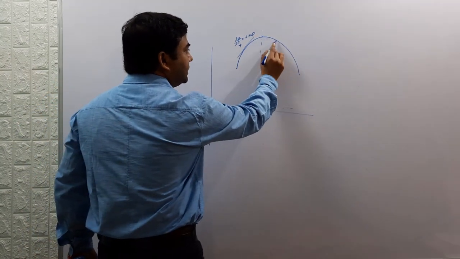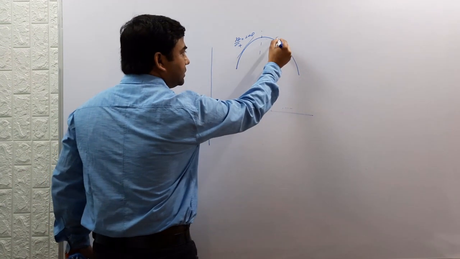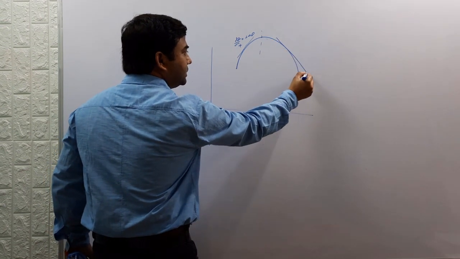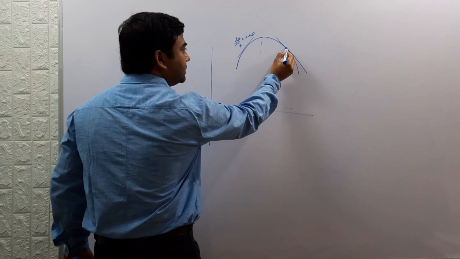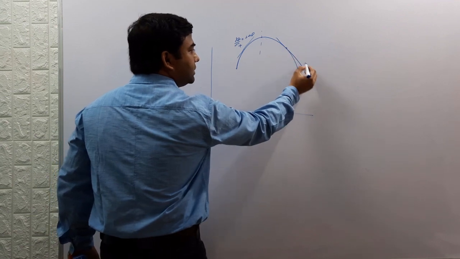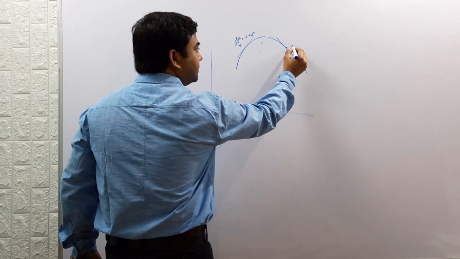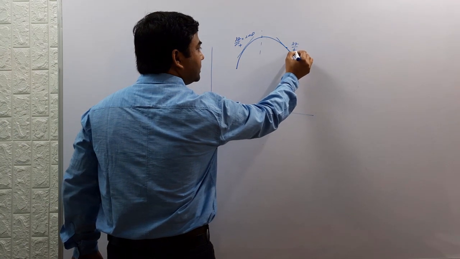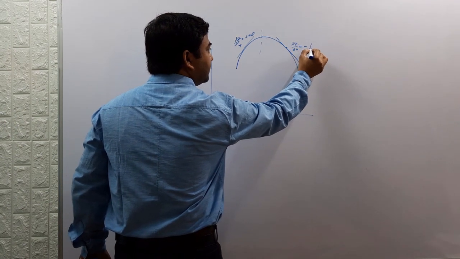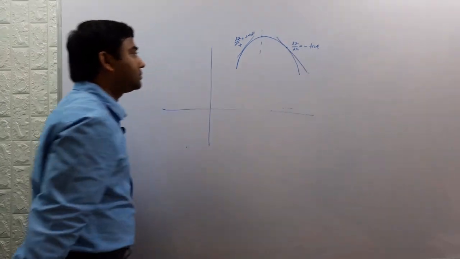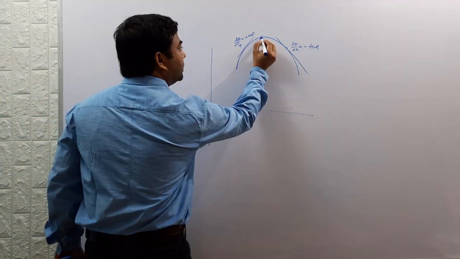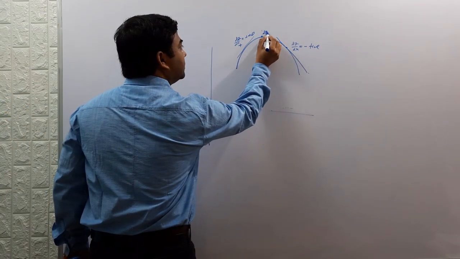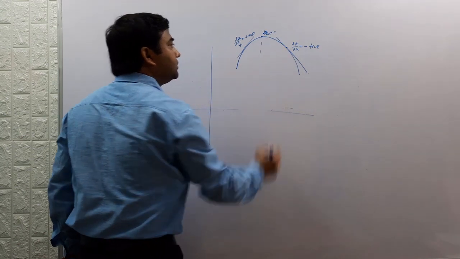Similarly, here it is a decreasing function. So the gradient of the tangent at any point in this decreasing region is negative, so dy over dx is negative. And at this top point, dy over dx is equal to 0.